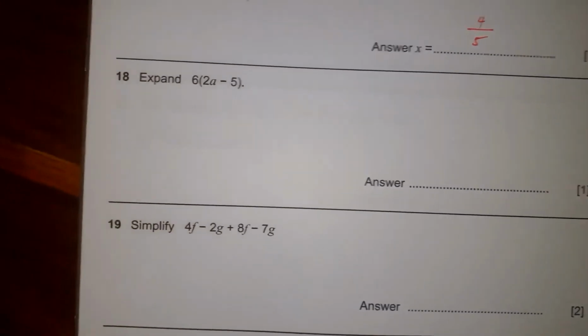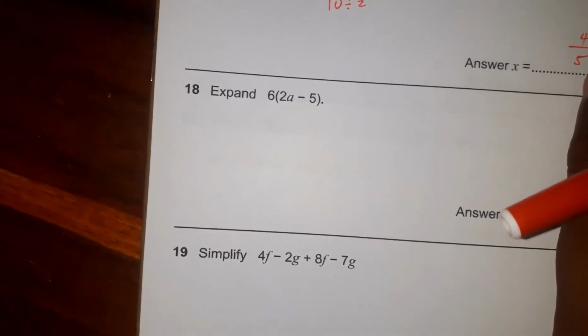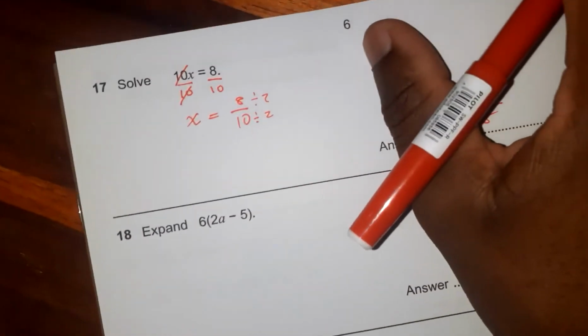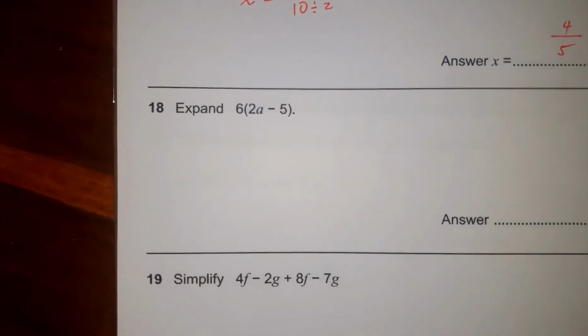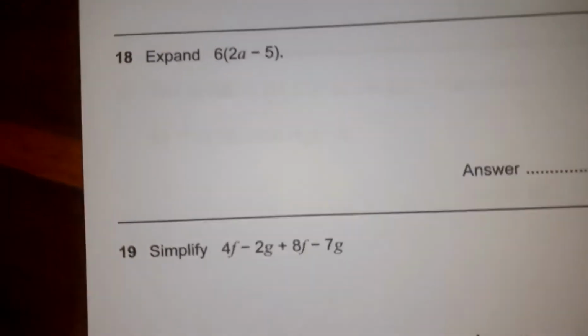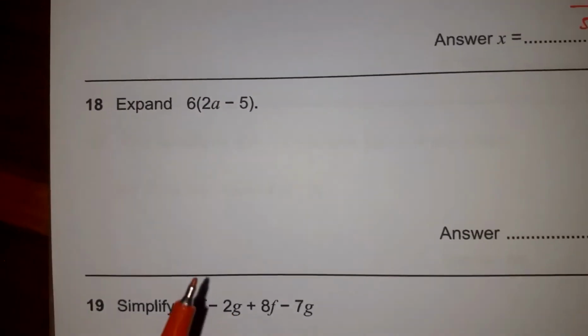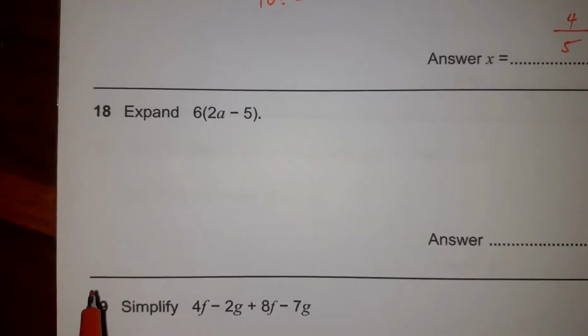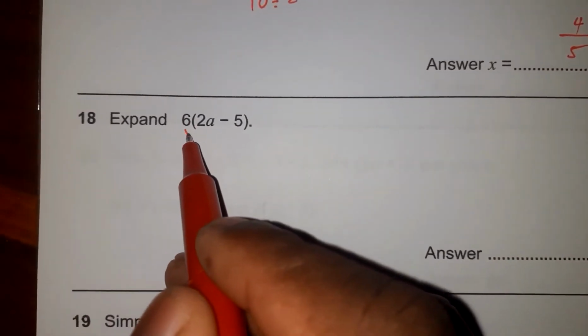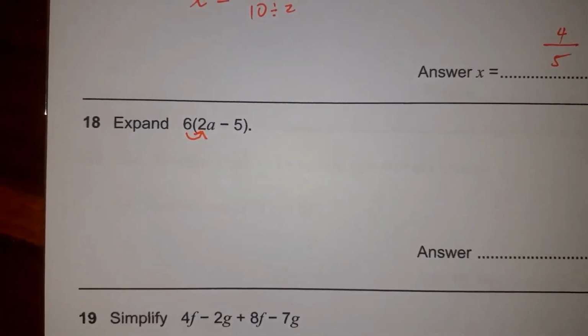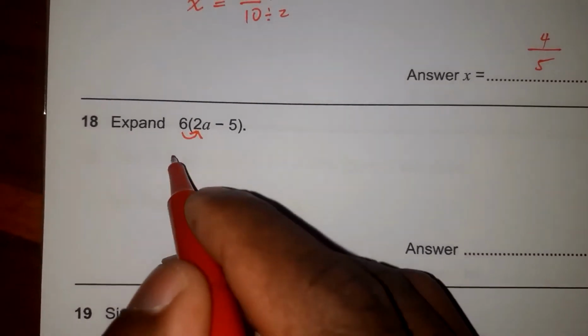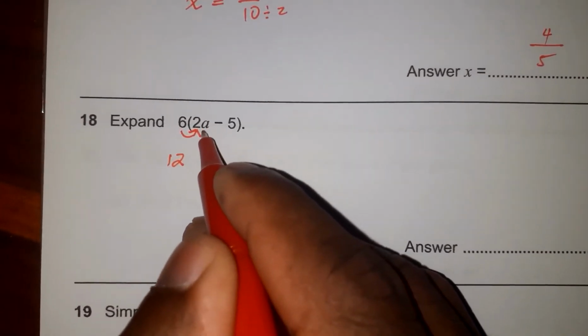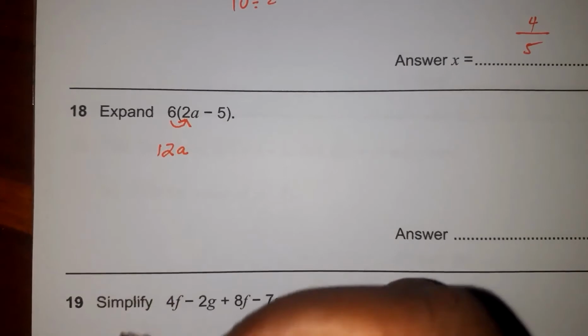And then number 18. We need to expand the brackets here. Here we multiply the 6 and the 2a. 6 times 2 is 12. Because of the a, we also write a.